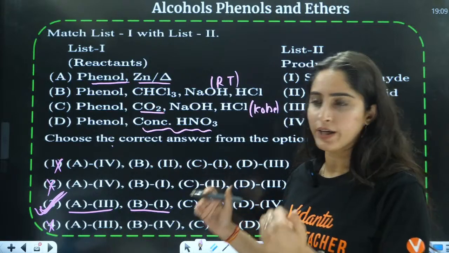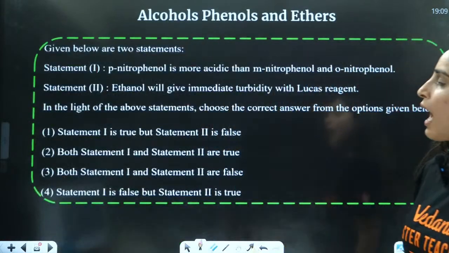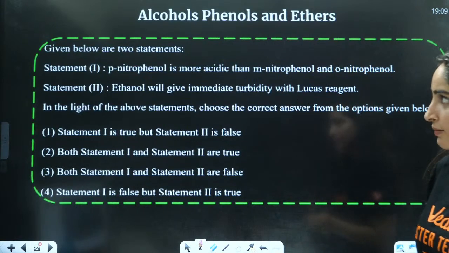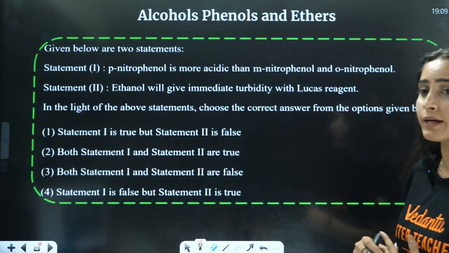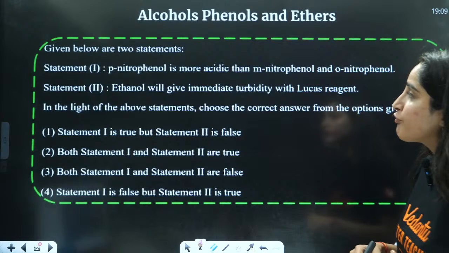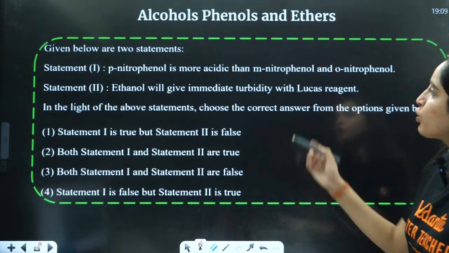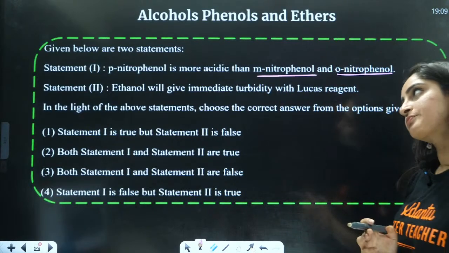Third question, your PYQ. Next, this is the statement. The statement is: para-nitrophenol is more acidic as compared to meta-nitrophenol and ortho-nitrophenol.